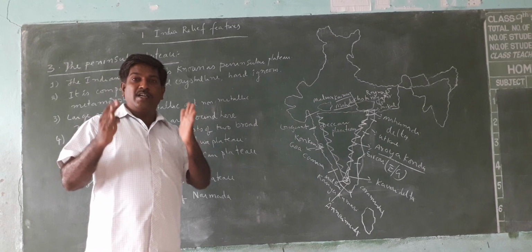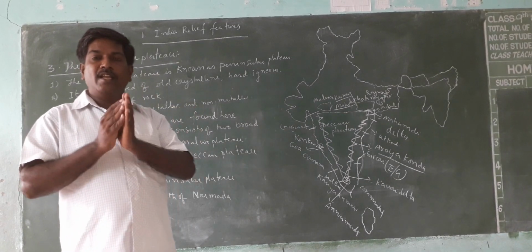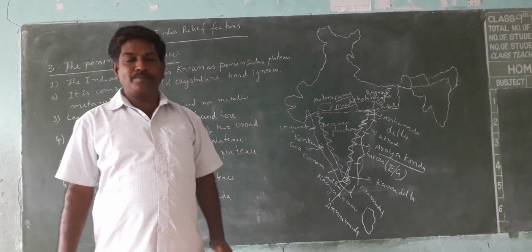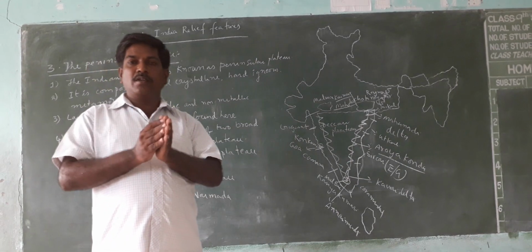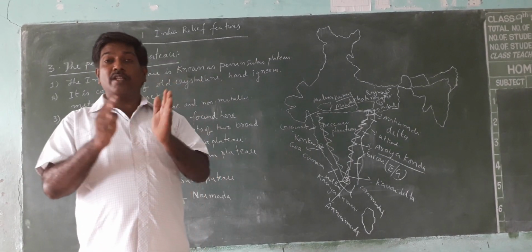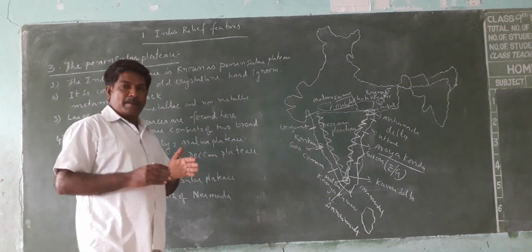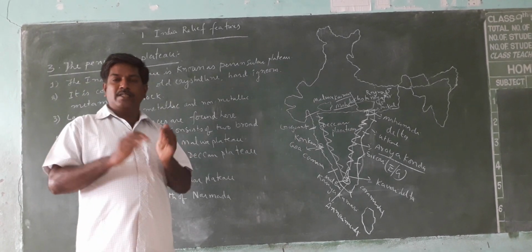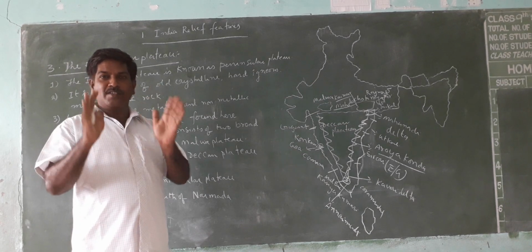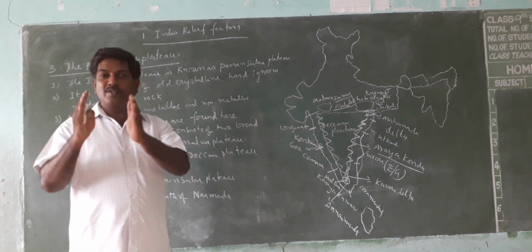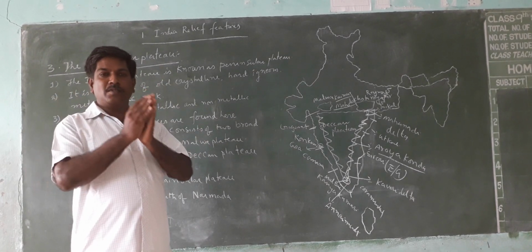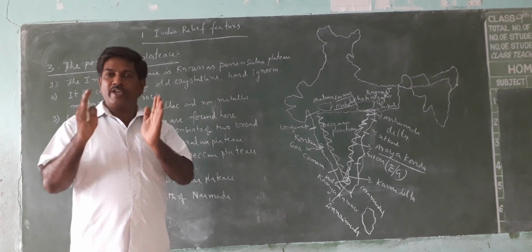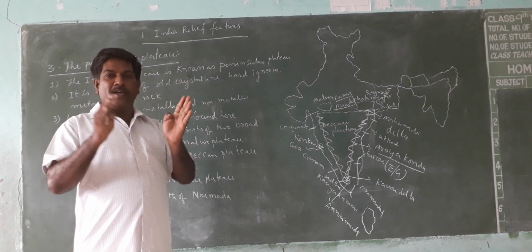Now I am asking some important questions about what I said today. What are the major divisions in Indian Peninsular Plateau? Students, do you know the answer? Yes. Number 1 is Malwa Plateau and number 2 is Deccan Plateau. What rivers are flowing in Peninsular Plateau?